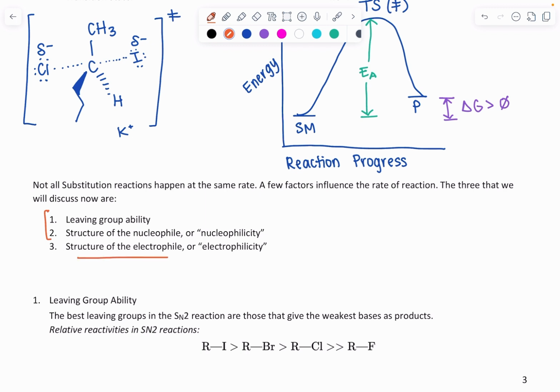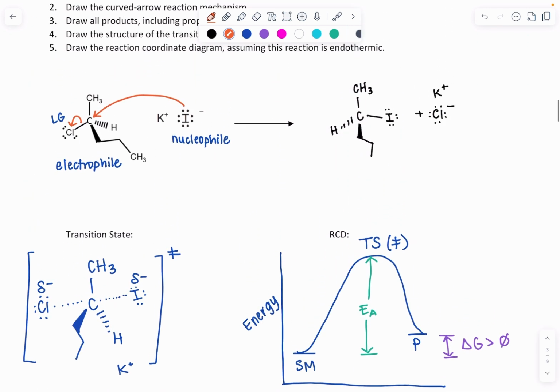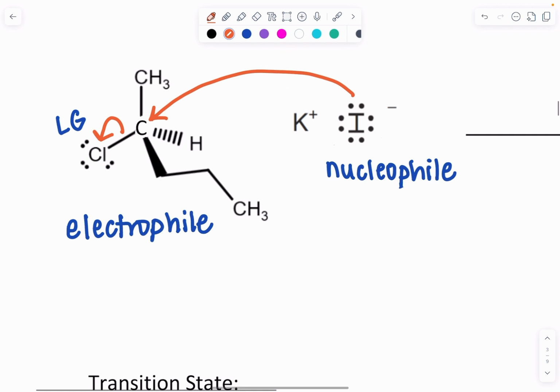One thing I want to note is the term alpha carbon is going to come up when we're looking at an SN2 or even any substitution reaction that has similar reagents. The alpha carbon is the carbon where the reaction happens. So alpha, Greek letter alpha, that's the alpha carbon.